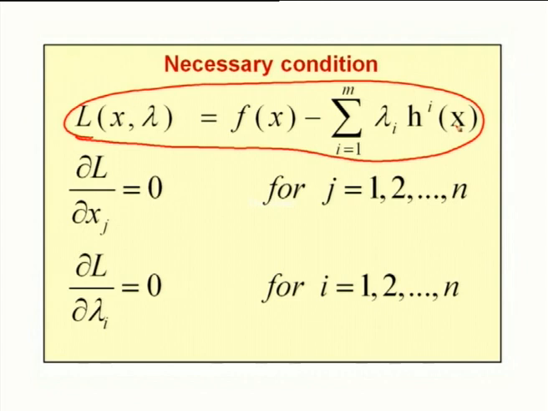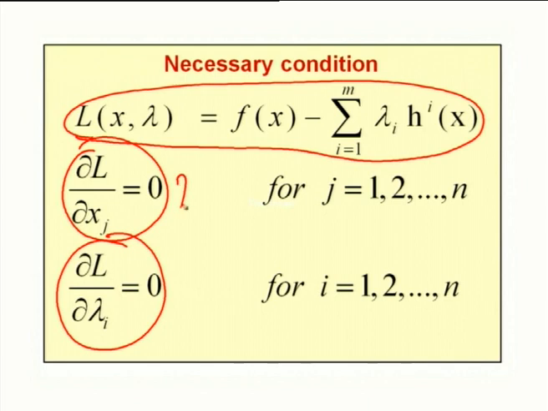Suppose our problem involves 2 constraints, then the corresponding Lagrangian function is f of x minus lambda 1 into h1 of x minus lambda 2 into h2 of x. From this Lagrangian function, these 2 equations, dou L by dou x j equal to 0 and dou L by dou lambda equal to 0, give the necessary condition for a given nonlinear programming problem.